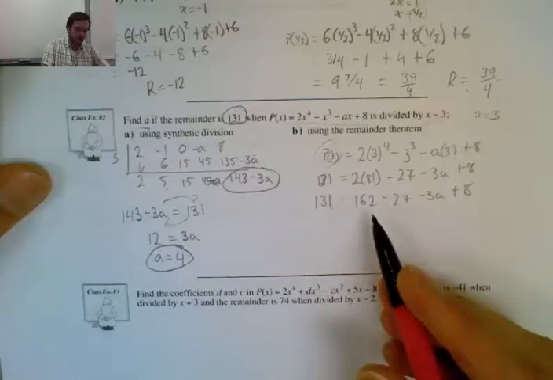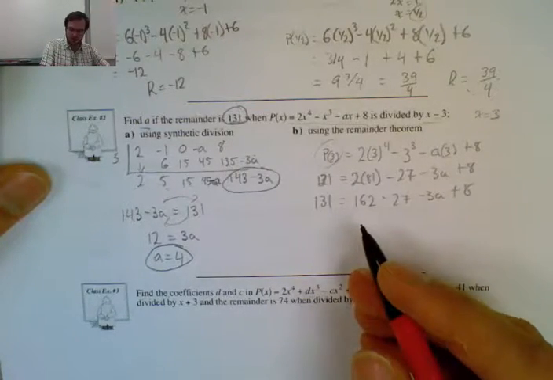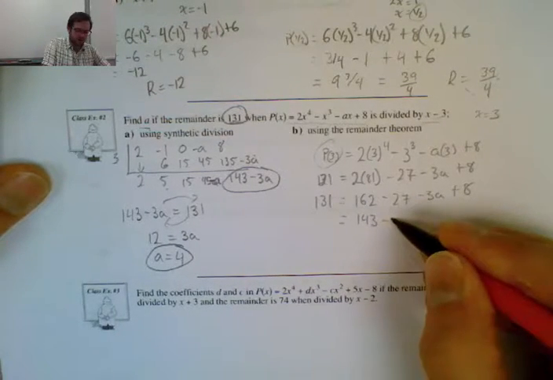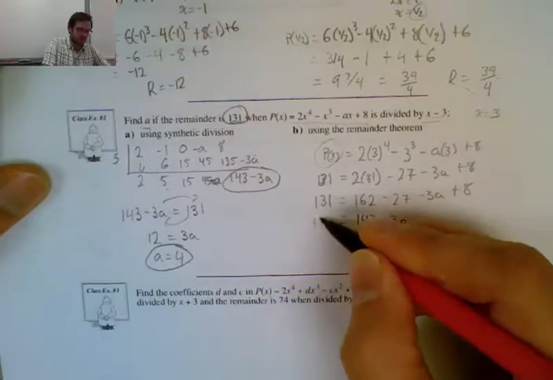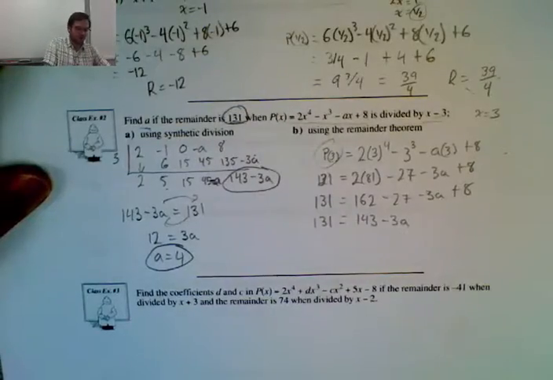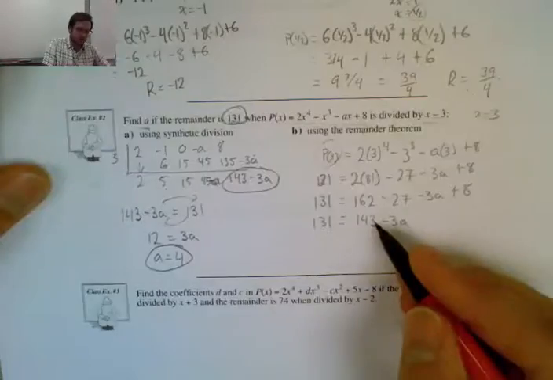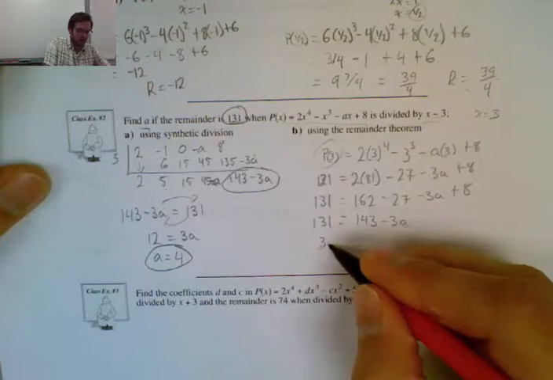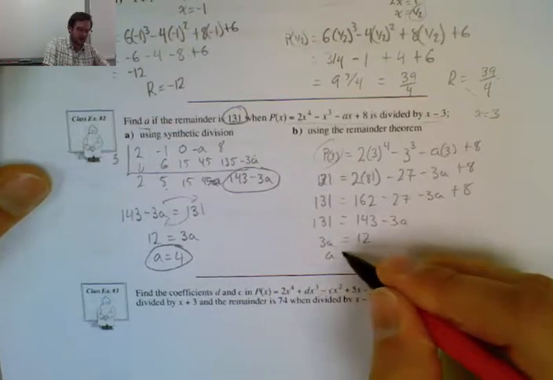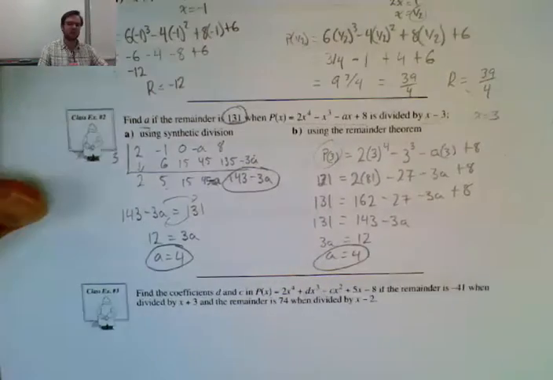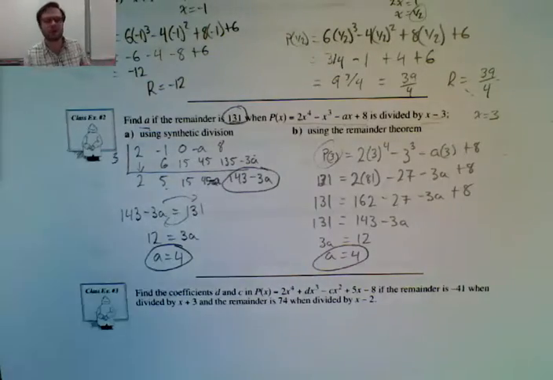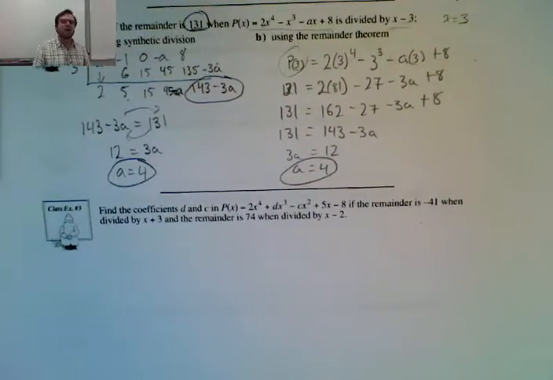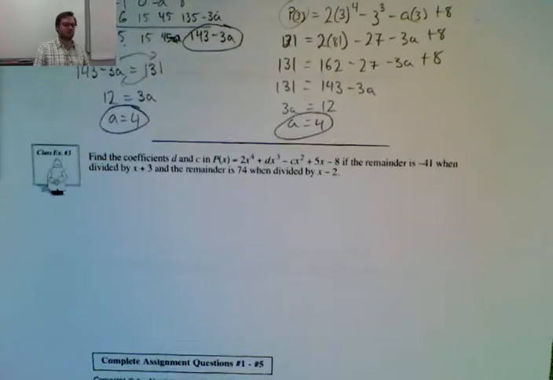Alright, so when I move this all over, I'm going to end up getting 143 minus 3a is equal to 131, which is very similar to what we're looking over there. Move the 3a to that side and the 131 there, so I get 3a is equal to 12 and a is equal to 4. Okay, so those are two methods of doing it, remainder theorem or synthetic division. Okay, so now, our next question here looks rather complicated.